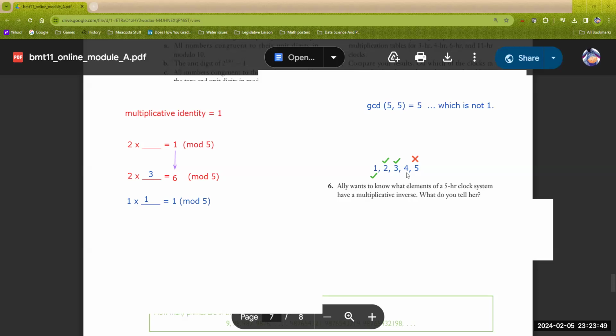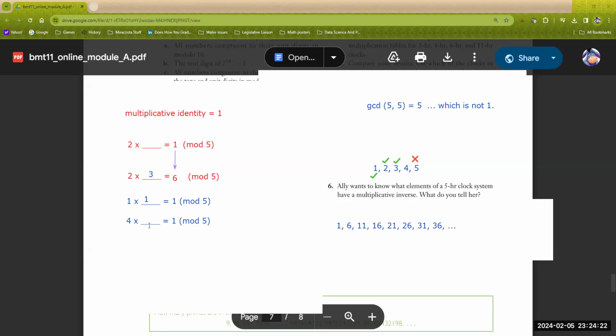So in my mind, when I look at this, I feel like 4 needs to be its own inverse. And let's see if we can figure that out. So you can say 4 times what has to equal 1 mod 5. And so you can go through and add 5s until you find something that's a nice multiple of 4. So if you add 5s, starting at 1, you'd have 1, 6, 11, 16, 21, 26, 31, 36, and so on, right?